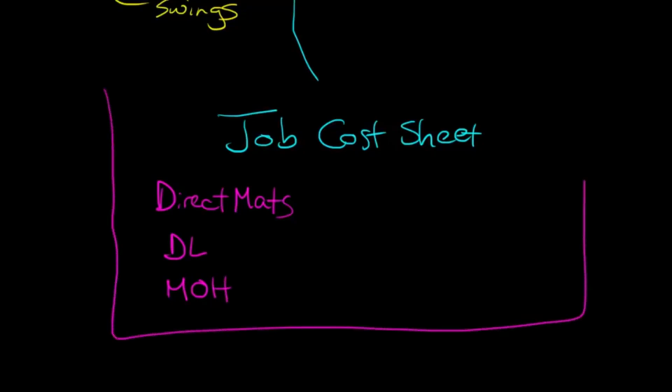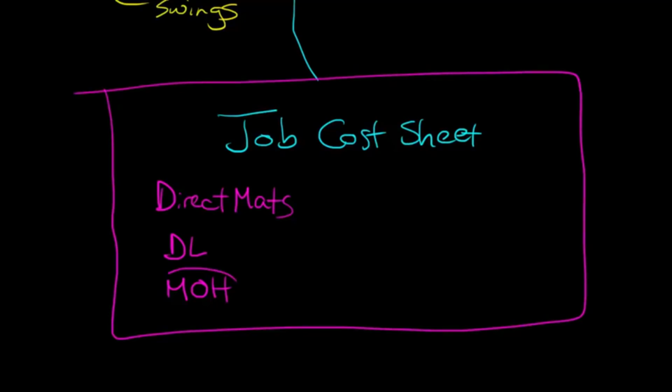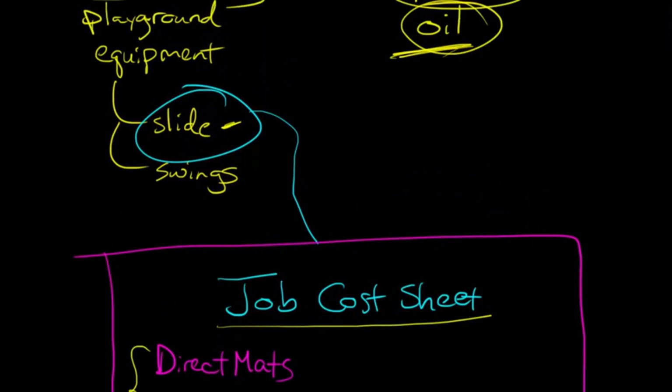Now again, we're going to talk about applied manufacturing overhead because we won't know what the actual overhead is until the end of the period typically. So in our job cost sheet, we've got these three things, and that's going to come out with a cost for the job, right? If someone says, hey, I want this slide, it'd be nice if we could sit down and figure, okay, what would it actually cost for us to make this slide?